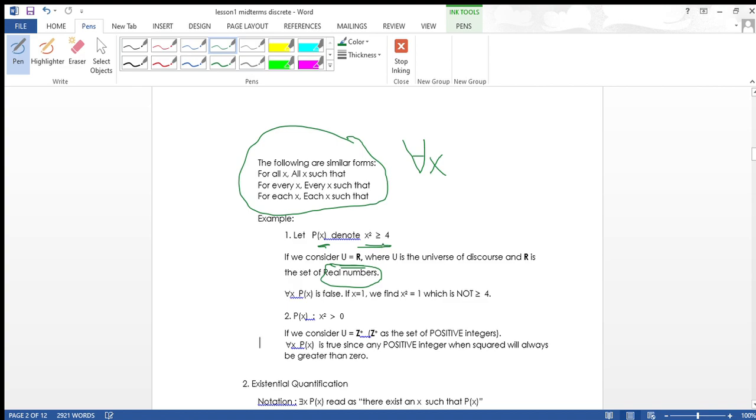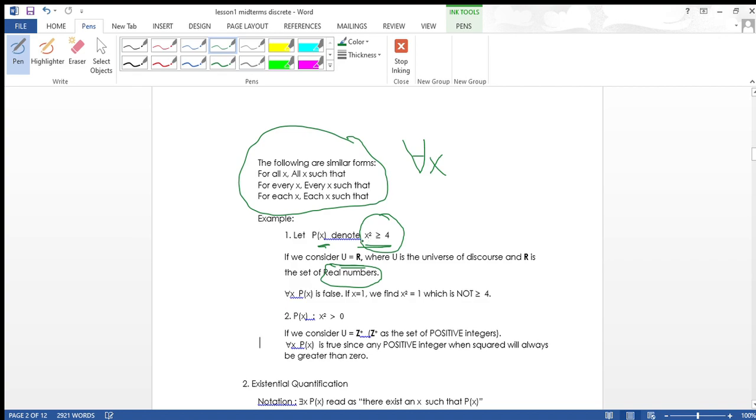Your proposition becomes true if for each, for all, for every value of x, in this case for any real number, when you substitute it in your proposition, it must always be true.